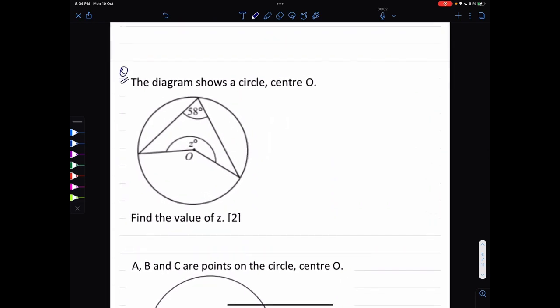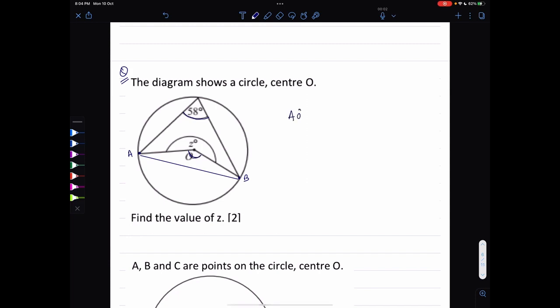Let's look at an example question. The diagram shows a circle center O. Try to understand the diagram first. Let's say this is point A and this is point B. There is an imaginary chord AB. Let me make this chord AB. Now, this angle of 58 is the angle at the circumference. Then what is going to be the angle at the center?